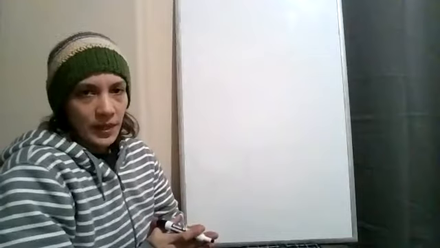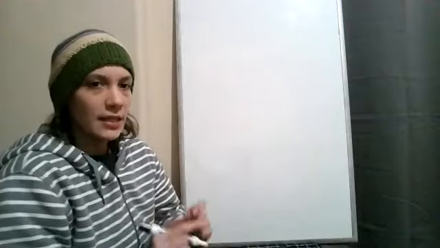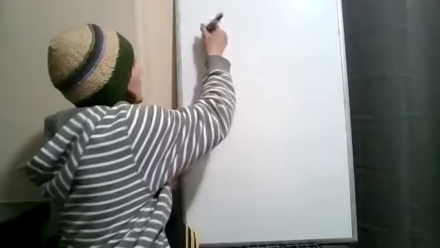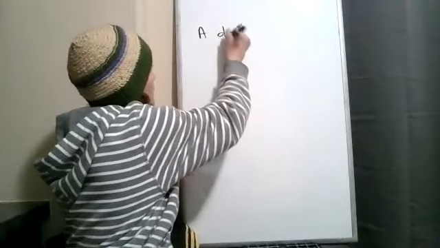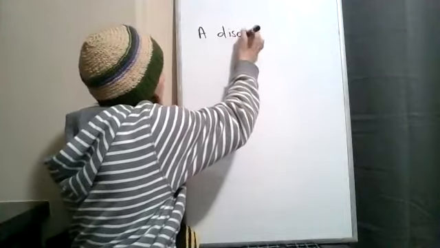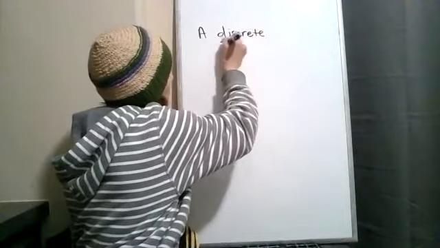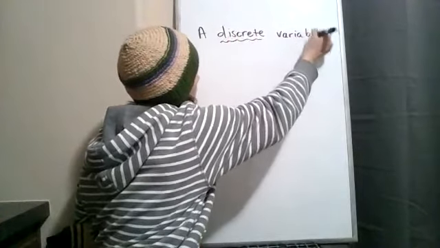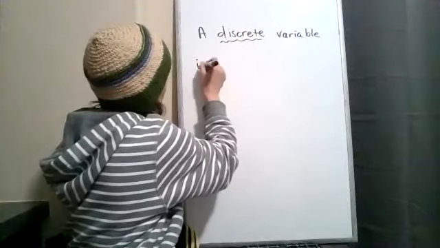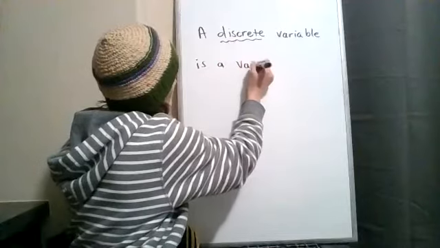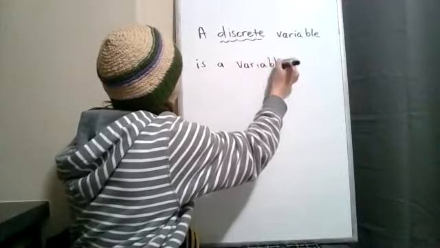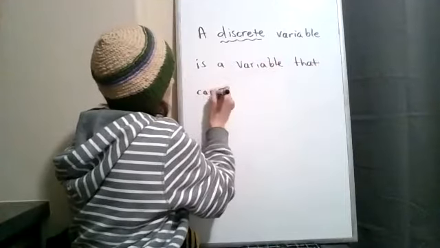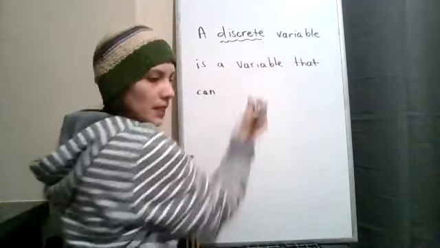So a discrete variable is a variable that can take on values that change by small increments. Let's see.